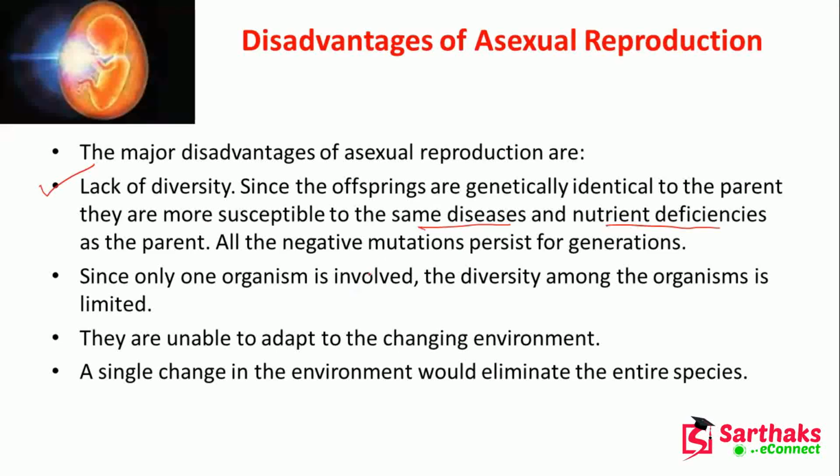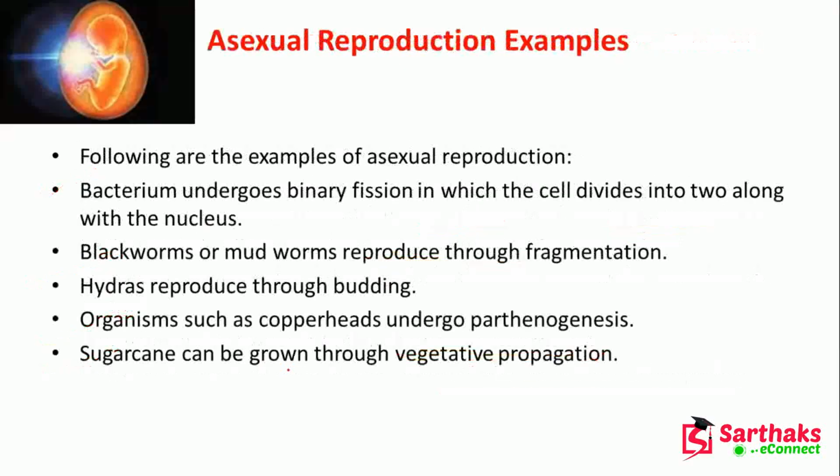So negative mutations persist generation by generation, and only one organism is involved. Diversity among the organisms is limited. They are unable to adapt to a changing environment, and a single change in environment could eliminate the entire species. These are the disadvantages of asexual reproduction.